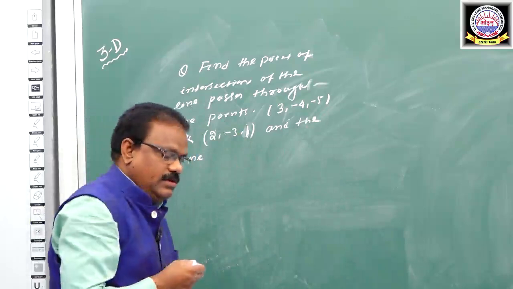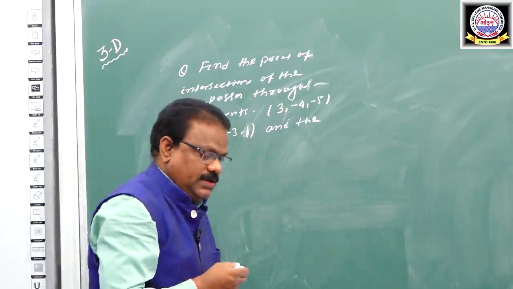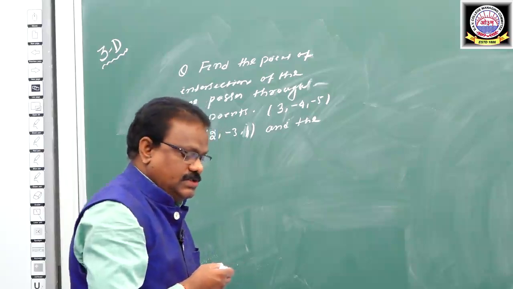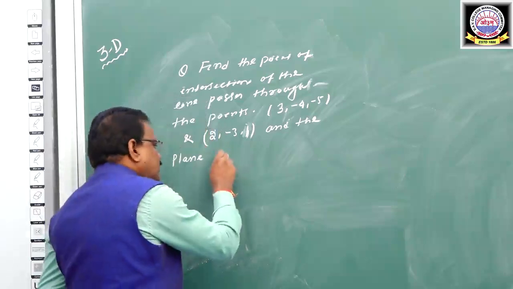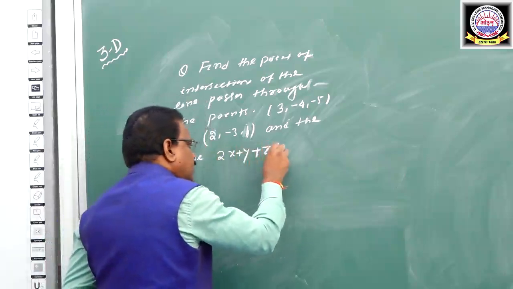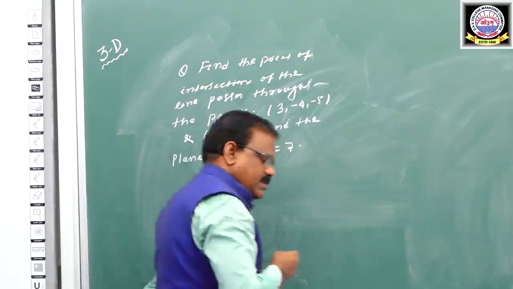The equation of the plane is 2x plus y plus z is equal to 7.